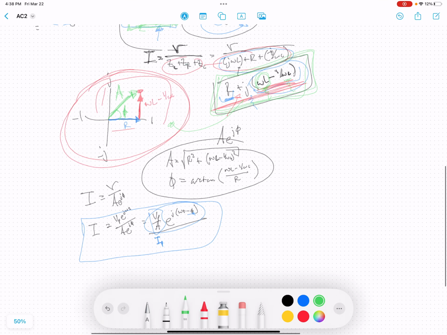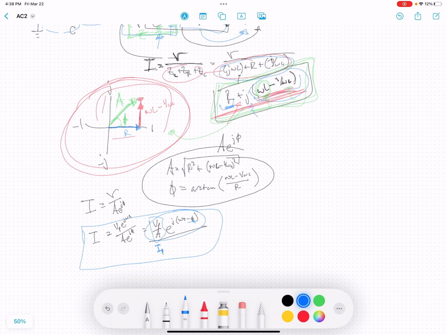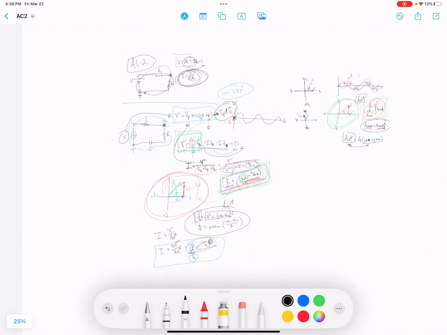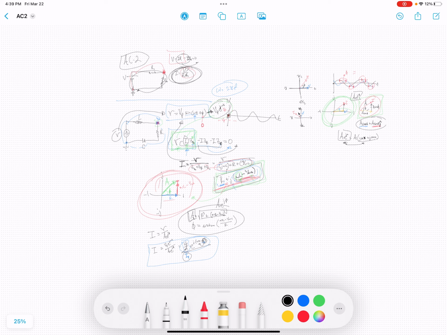So I know right now that A is going to come out to be 10.472, and I could stick that here underneath whatever the peak voltage is to get the peak current. And I have phi, so I know exactly how much the current is shifted off of the voltage. And yeah, so that's a walkthrough of how to kind of think about and do some of these circuits.